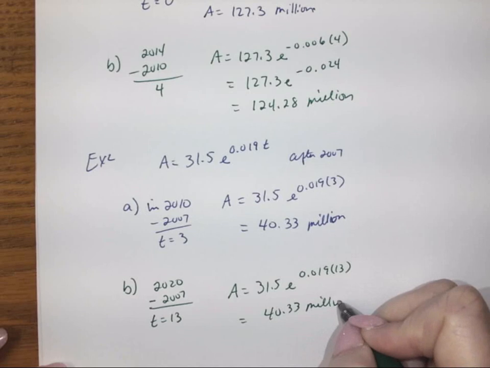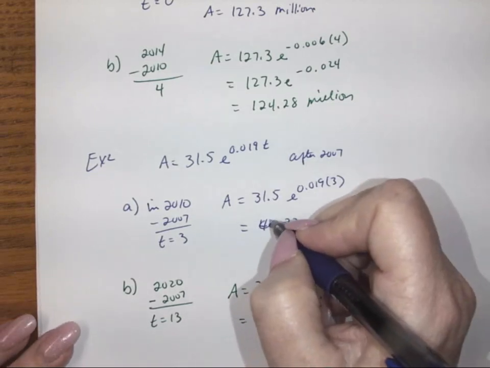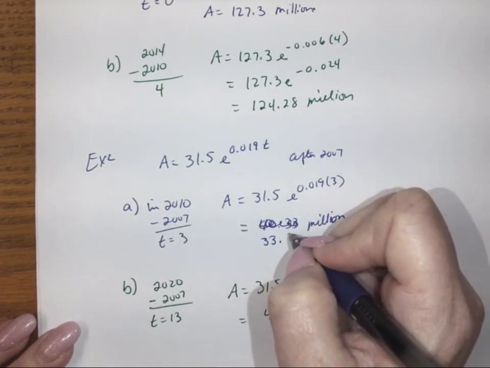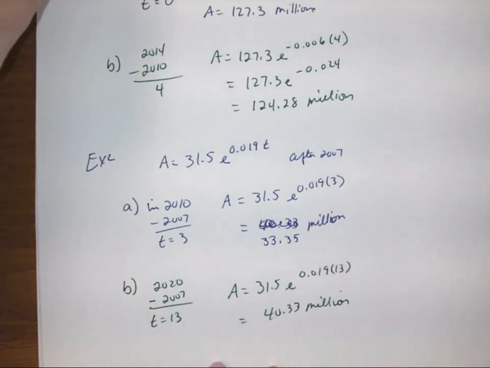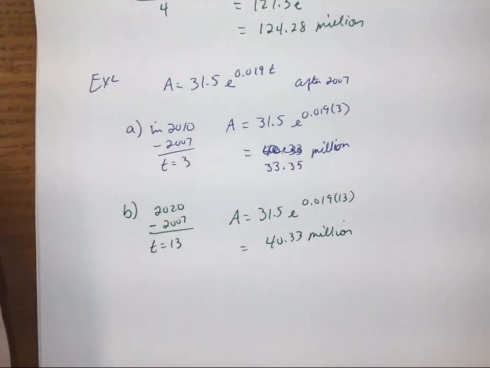So we made an oops. Looking at all of my notes here, sorry about that. So this is actually going to be 33.35 million for the first one. For part B, we'll get 40.33 million. Sorry about that. So be careful when you're note taking.